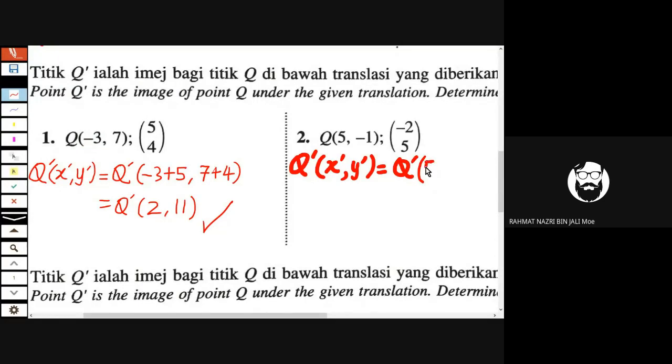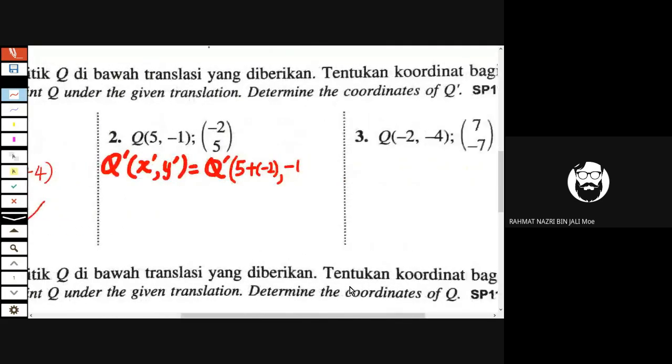Kita perlu ambil X coordinate from the object plus -2. -2, buat bracket, comma, then -1 plus 5. Close bracket. Jadi dapat jawapan Q prime 3, 4. Okay, bagus. Thank you.